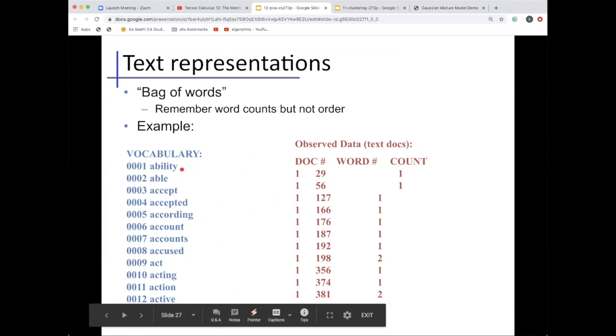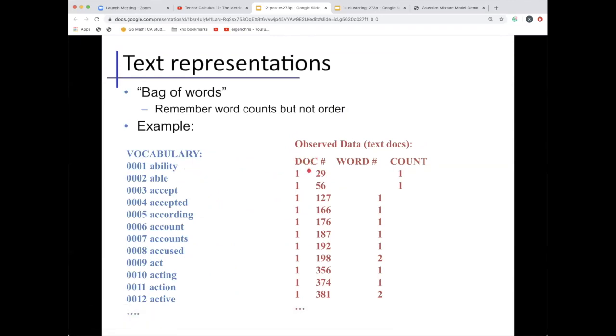Now with each document, I can check whether that word appeared within that document or not, and I can count how many times this word occurred within that particular document. By doing that, I can characterize each document using a long feature vector. That feature vector represents whether a particular word appeared within that document or not, or how many times this word appeared within that document.